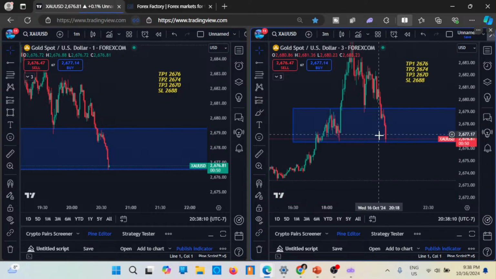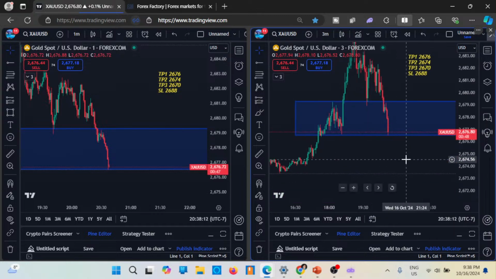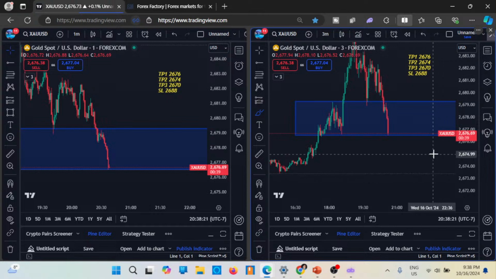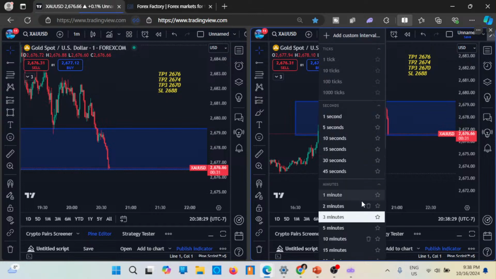Because price is currently at support, it may not hit TP number 2 right away, unless this support gets broken. If this support gets broken, then of course it will head straight to TP number 2. Right now price hasn't broken it. It's currently hanging at that support.